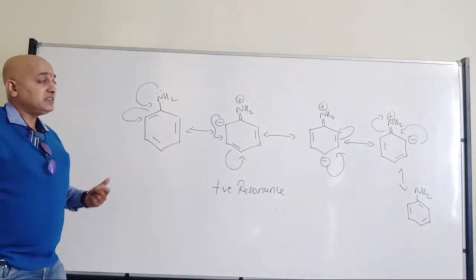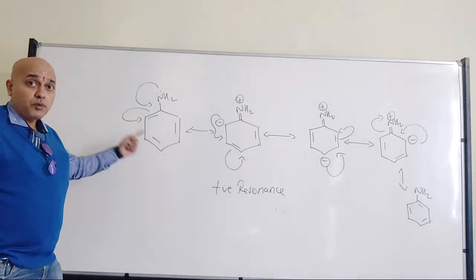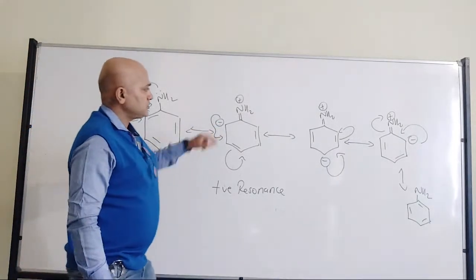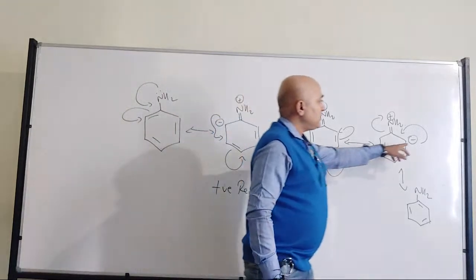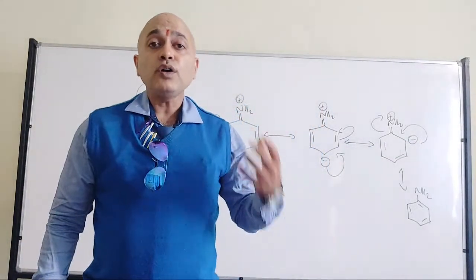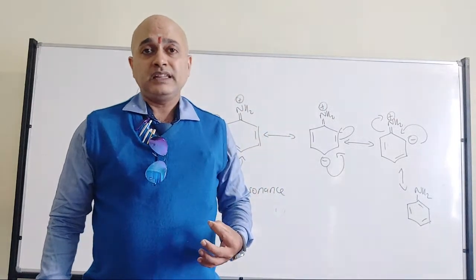That means it will have more electron density at the ortho and para positions.